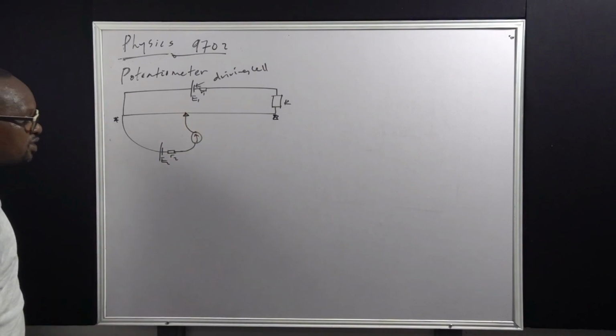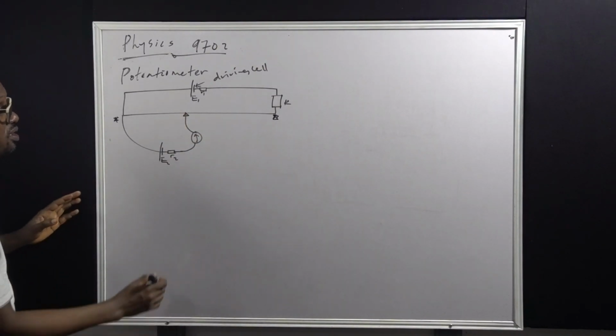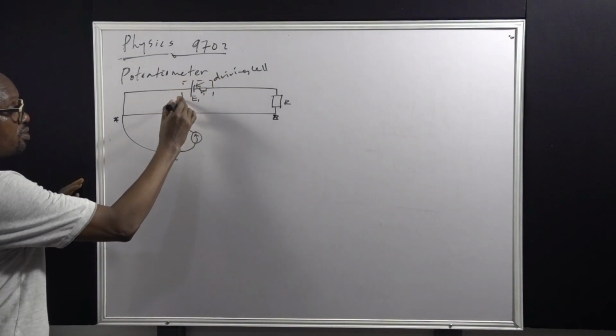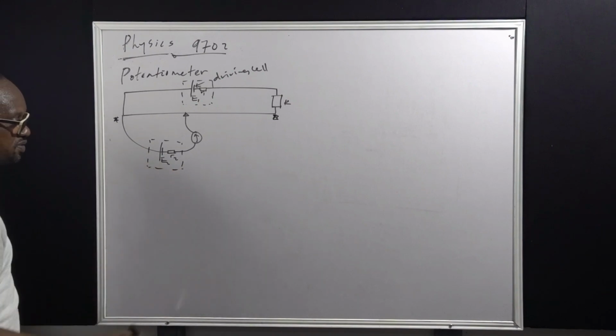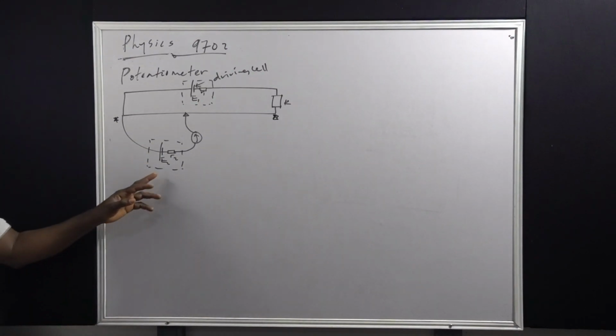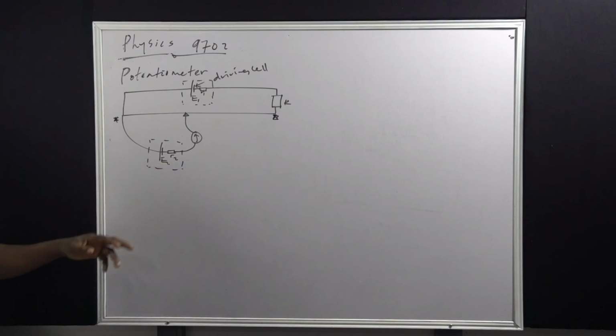The galvanometer is connected to a jockey. So I put this in a box. Putting them in a box means that this resistance belongs to this EMF. So that is basically the internal resistance of this battery. Is that clear?